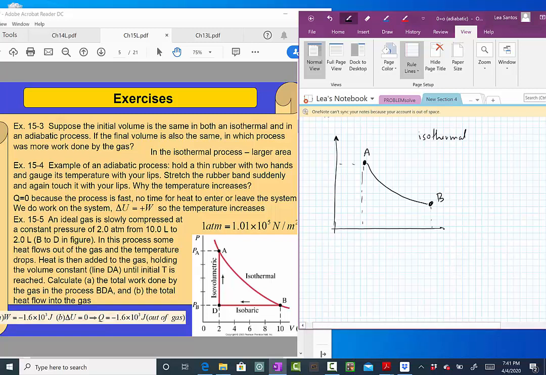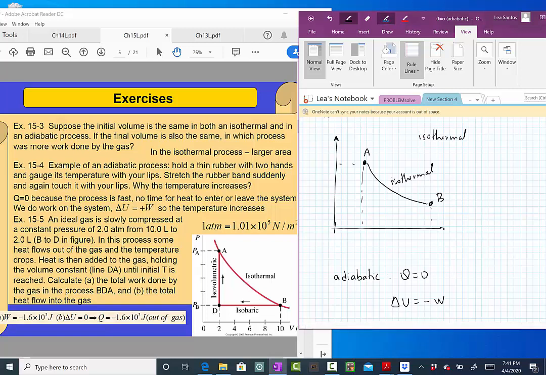All right? So this is our isothermal. But in the case of an adiabatic process, what happens? Remember that in an adiabatic process, it happens so fast that we don't exchange heat. In this case, the delta U is equal to minus the work. Delta U is related to the change in temperature, so the temperature decreased.